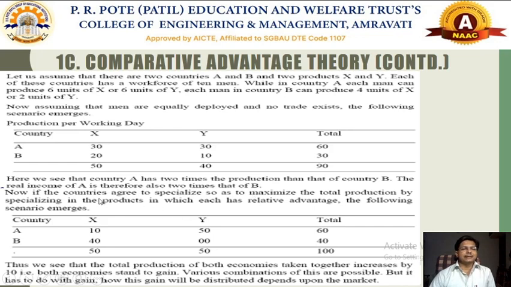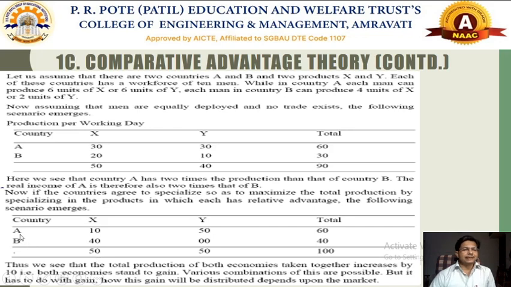Now if the countries agree to specialize so as to maximize the total production, by specializing in the products in which each has a relative advantage, the following scenario will emerge. This is the first scenario and this will be the second scenario. They have the same labor force and they need to specialize.